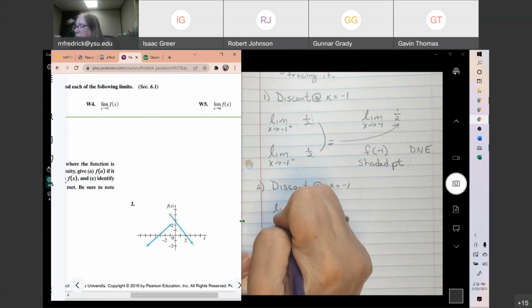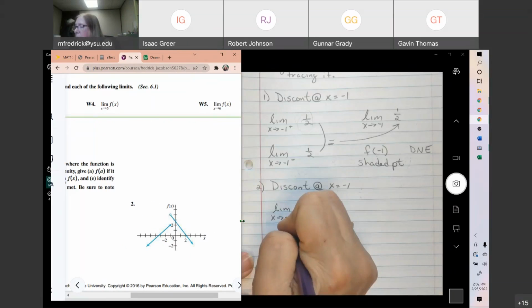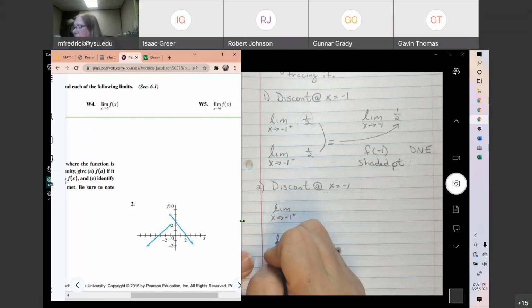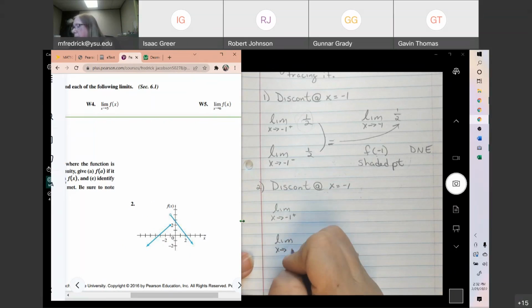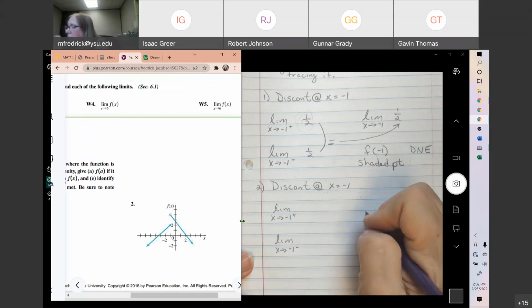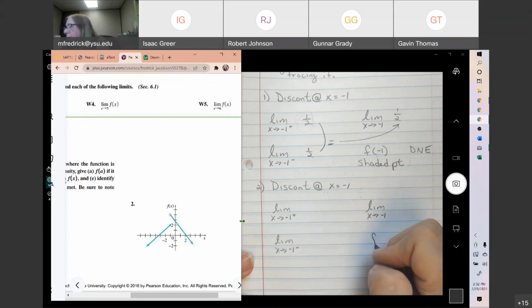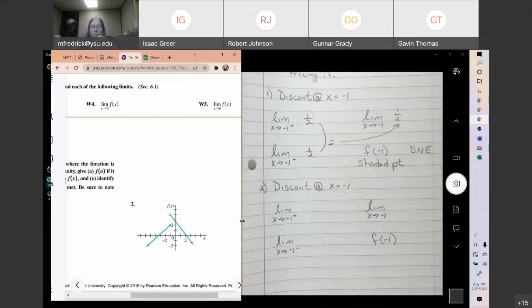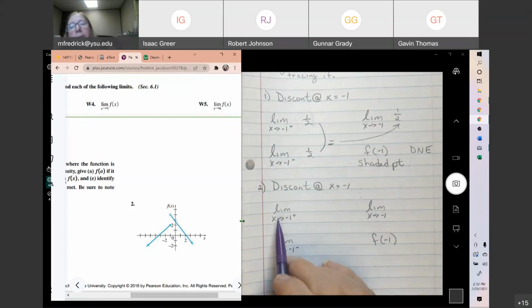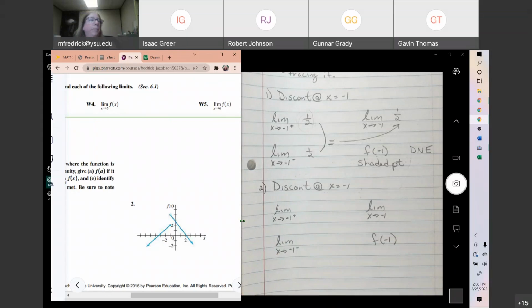So we want to find the limit as x approaches -1 from the right, limit as it approaches -1 from the left, limit as x approaches -1, and f of -1. What is the limit as x approaches -1 from the right? Anyone?